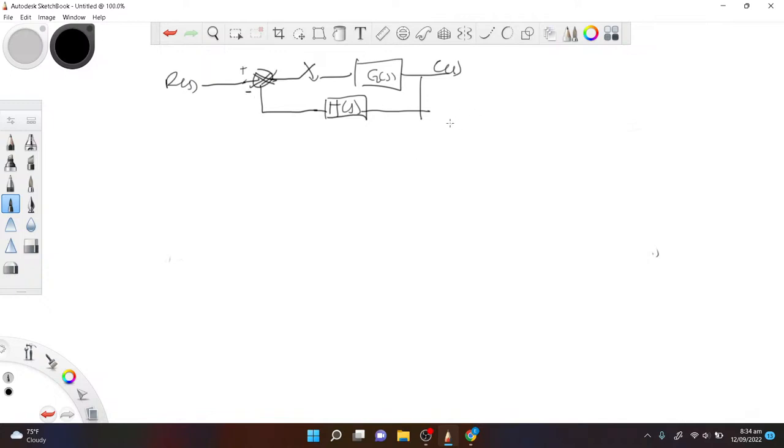If you realize the block diagrams I'm using, the blocks always come after the sampler. So I always draw something like this. So the blocks always come after the sampler.